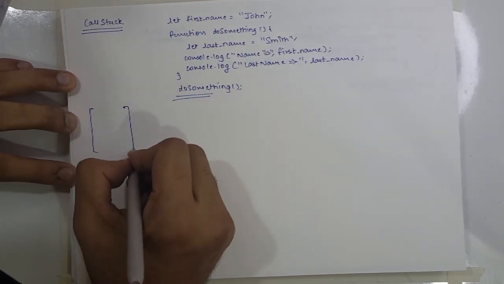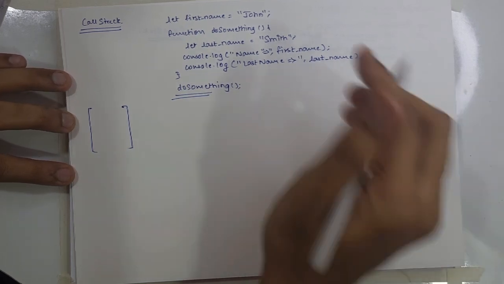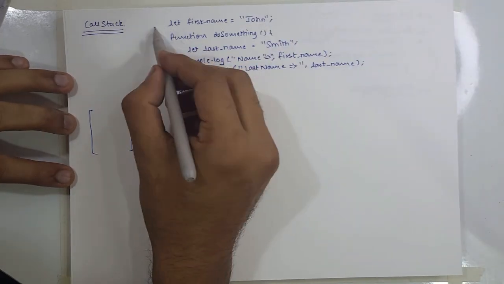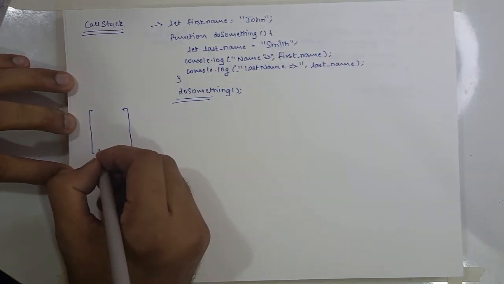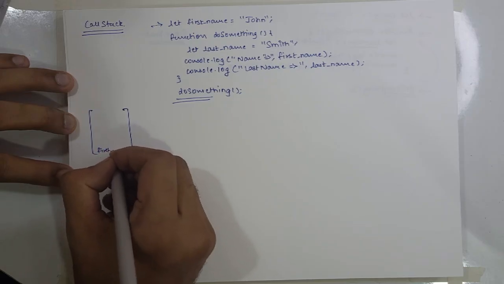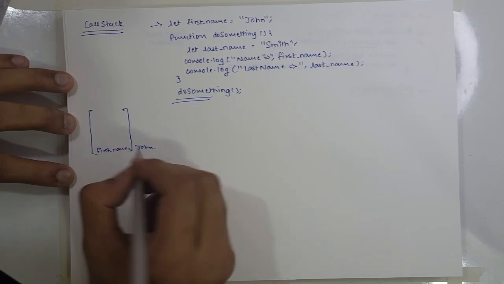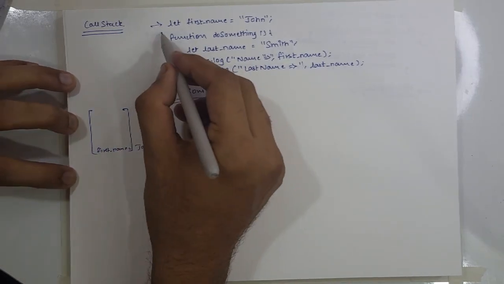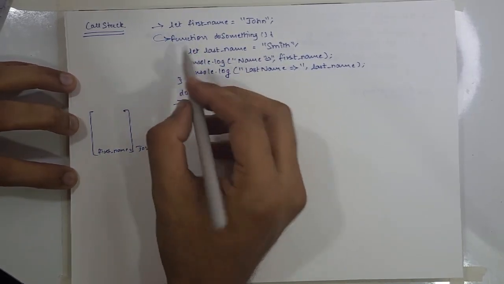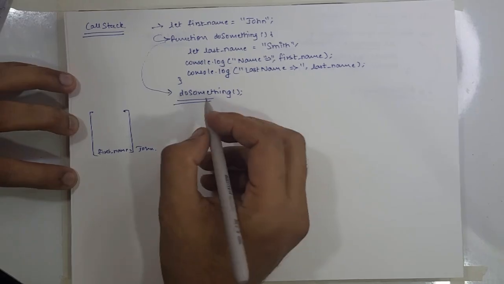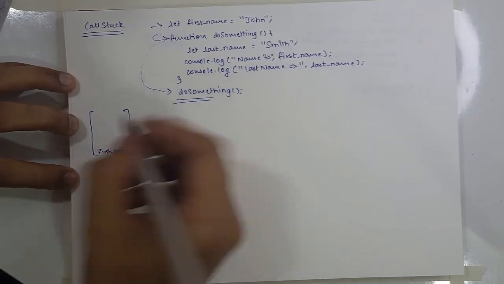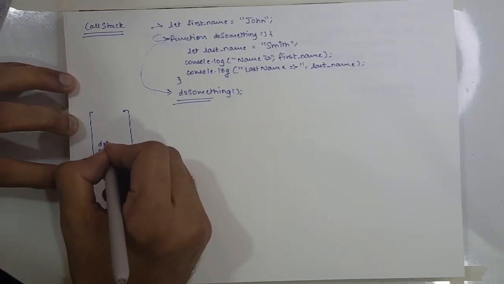What happens, let's suppose this is a call stack. So when the compiler basically comes over here on the first line, it will store the value of this first_name equals John in the call stack. And then the compiler will come over here and it will say, okay, there is a function call, do something. So it will register a function call over here, do something.